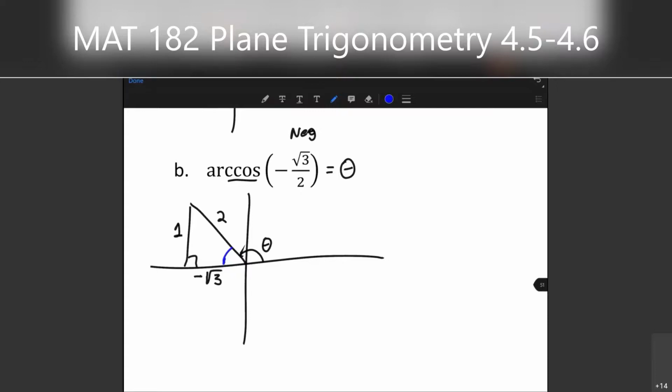The reference is the 30 degrees, or again, pi over 6. And then your outer angle would have to be 150, or we'd say that 5 pi over 6 is the theta. So here our theta angle would be equal to 150 degrees, or call that 5 pi over 6.